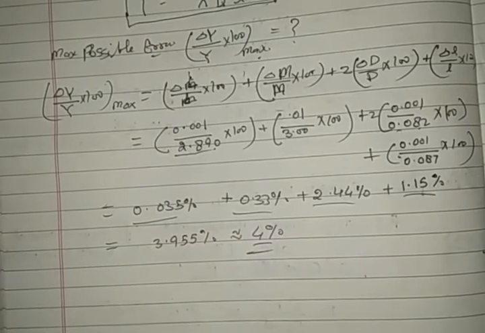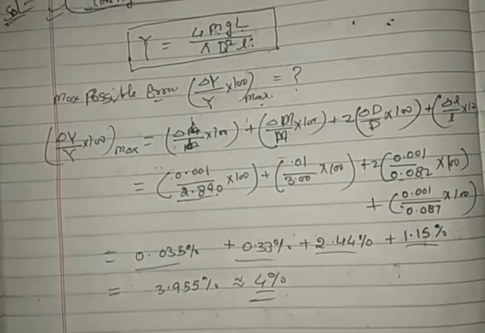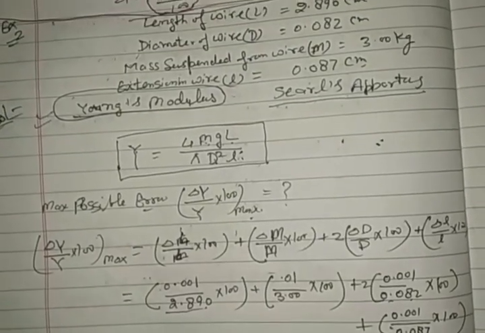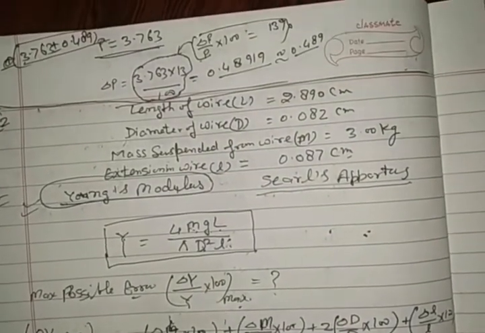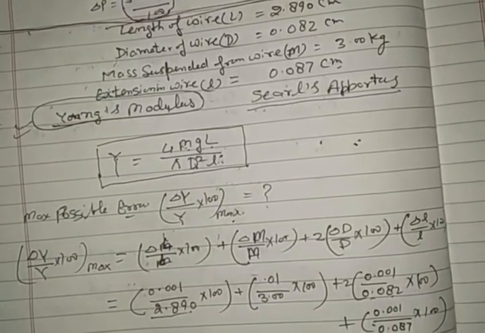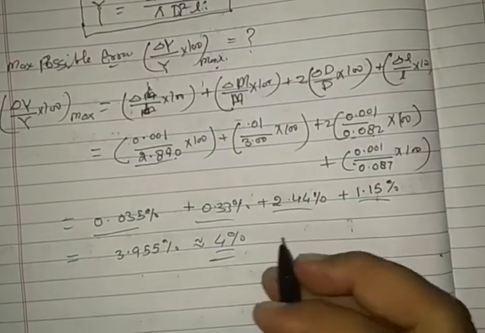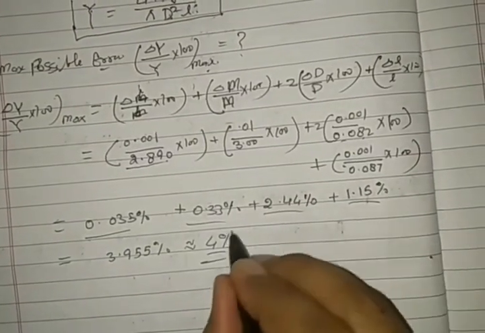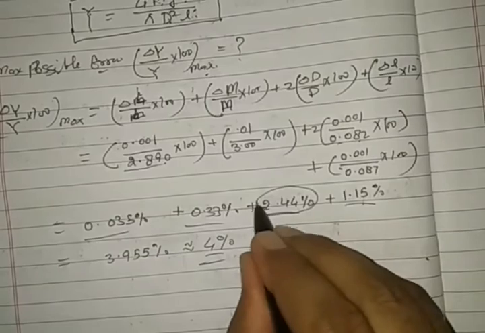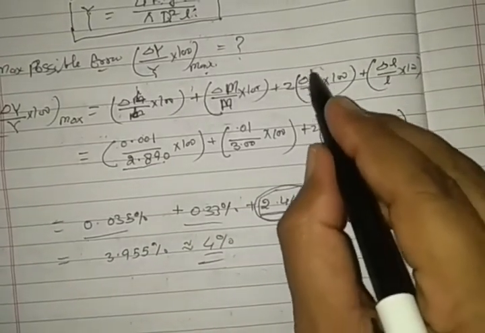Even if a student doing the experiment keeps away all defects in the formula and does the experiment very precisely, there still remain possibilities of error in the result. And in this experiment, the maximum possible error is 4%. And one more thing, in this 4%, the maximum error is this 2.44%, and it is of the diameter of the wire.